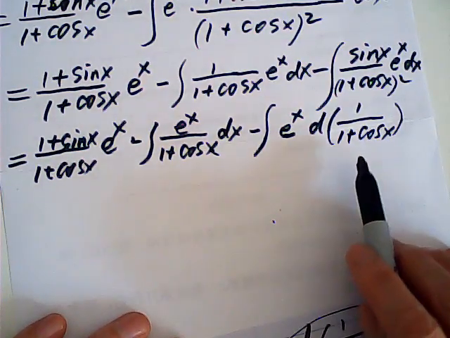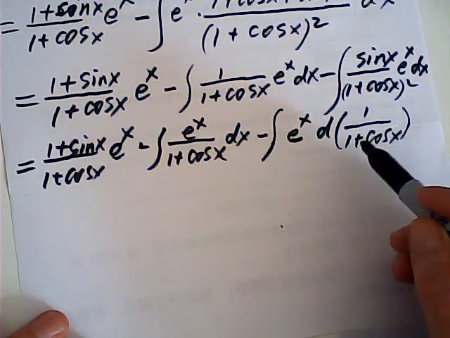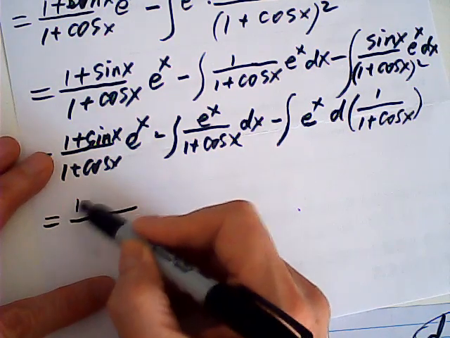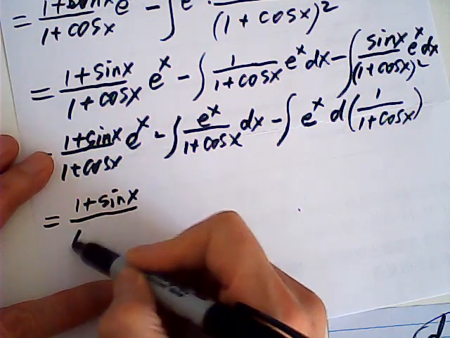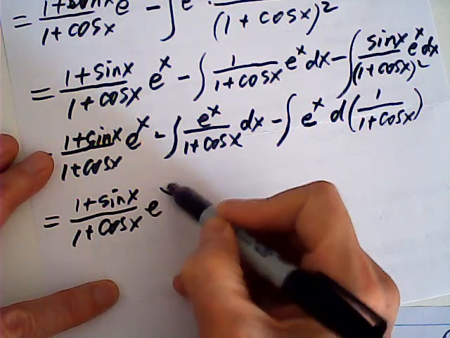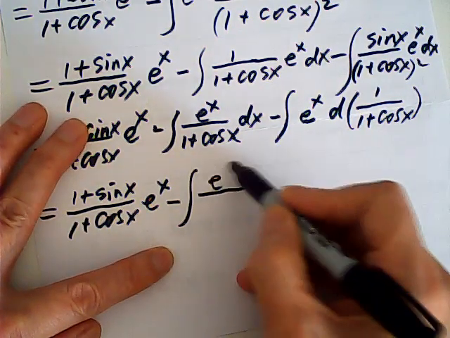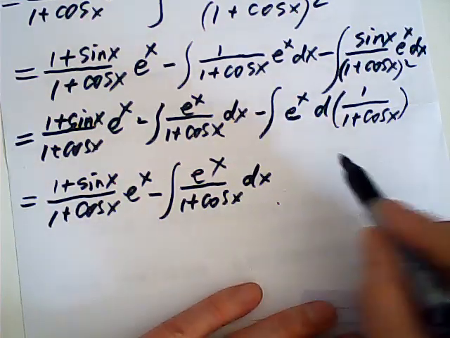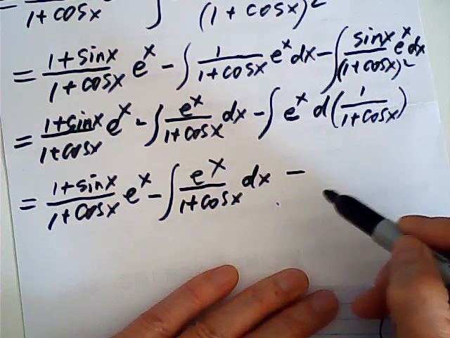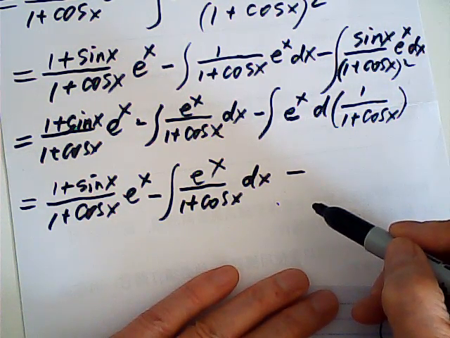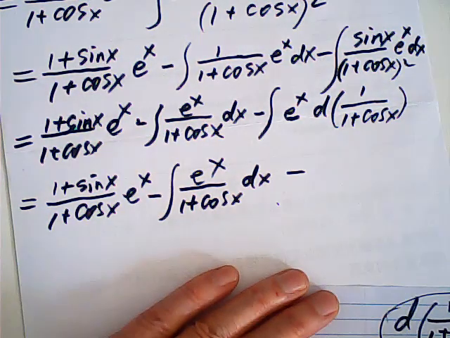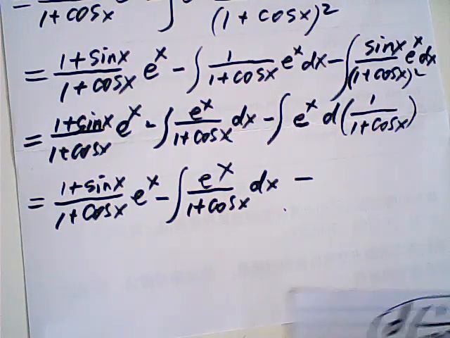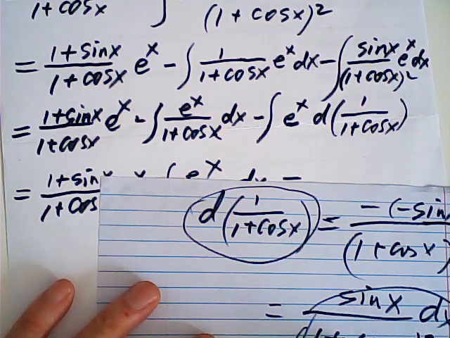Now the reason for writing this way is that I'm preparing for integration by parts, right? So this one is equal to (1 plus sine x) e to the x over (1 plus cosine x), minus e to the x over (1 plus cosine x) dx, which is equal to negative, right?